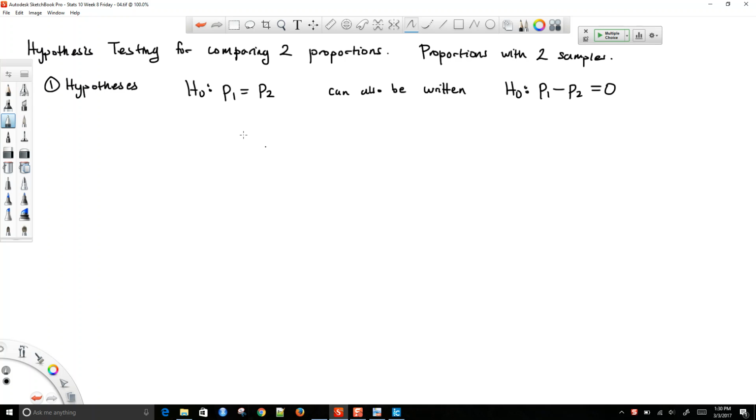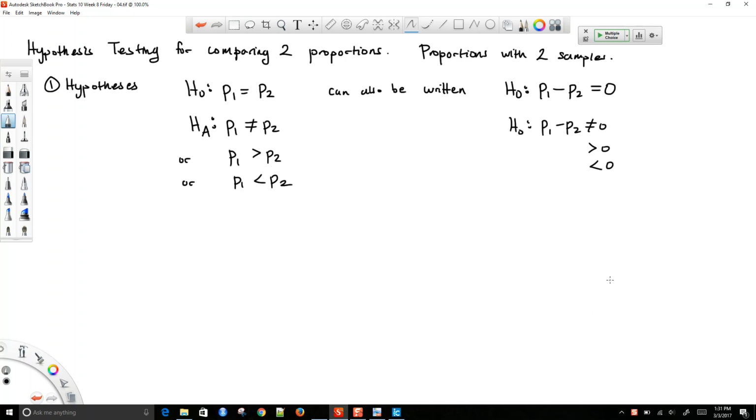The alternative is going to be that P1 does not equal P2, or that P1 is greater than P2, or that P1 is less than P2. Likewise, they are equivalent to writing P1 minus P2 is not equal to 0, or greater than 0, or less than 0.